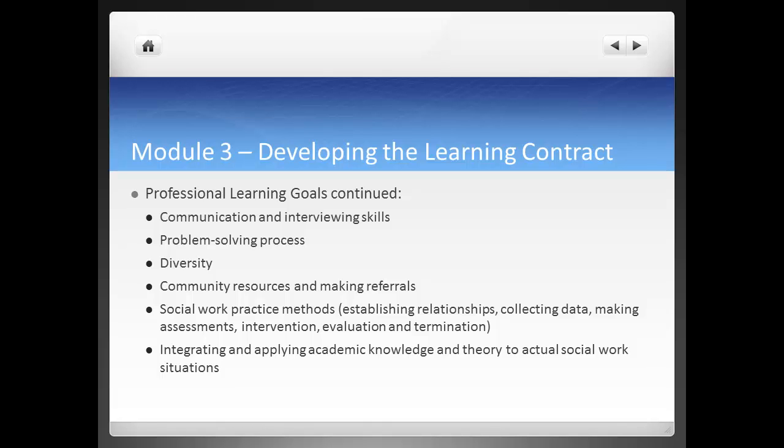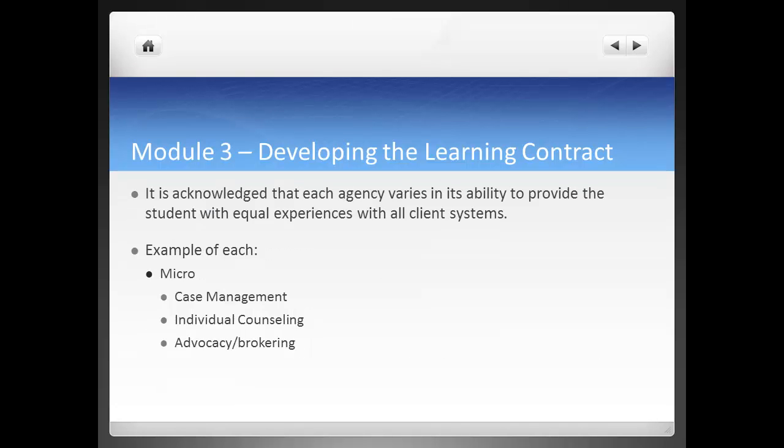As mentioned in previous modules, we are a generalist social work program. So our goal is to have students have the opportunity to work on a micro practice level, which is with individuals, perhaps in the form of doing case management, individual counseling, advocacy, or brokering.